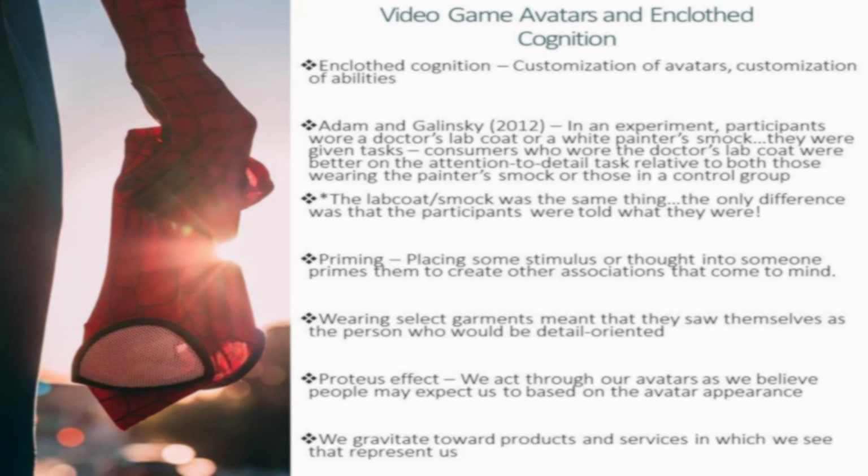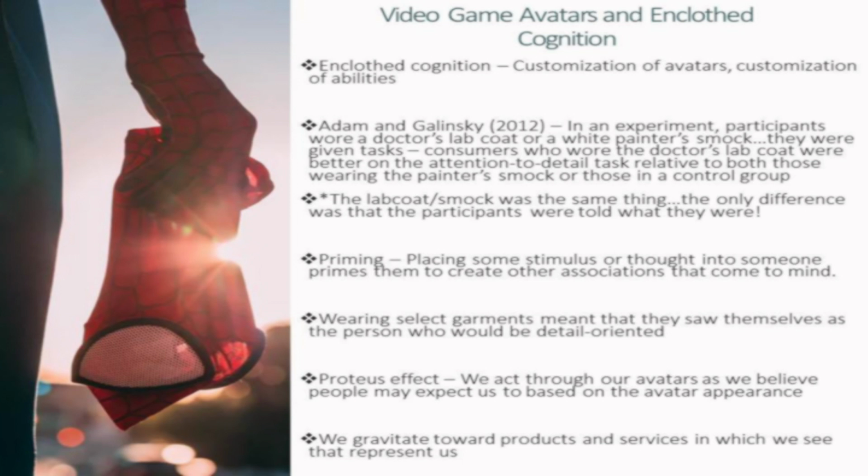They were given tasks. Consumers who wore the doctor's lab coat were better on the attention to detail task relative to those wearing the painter's smock or those in a control group. The lab coat and smock were actually the same thing.